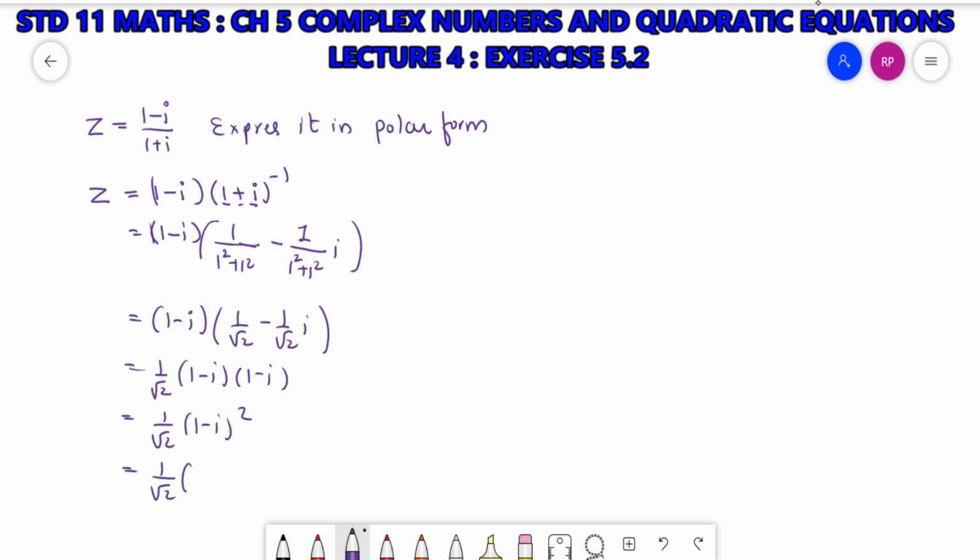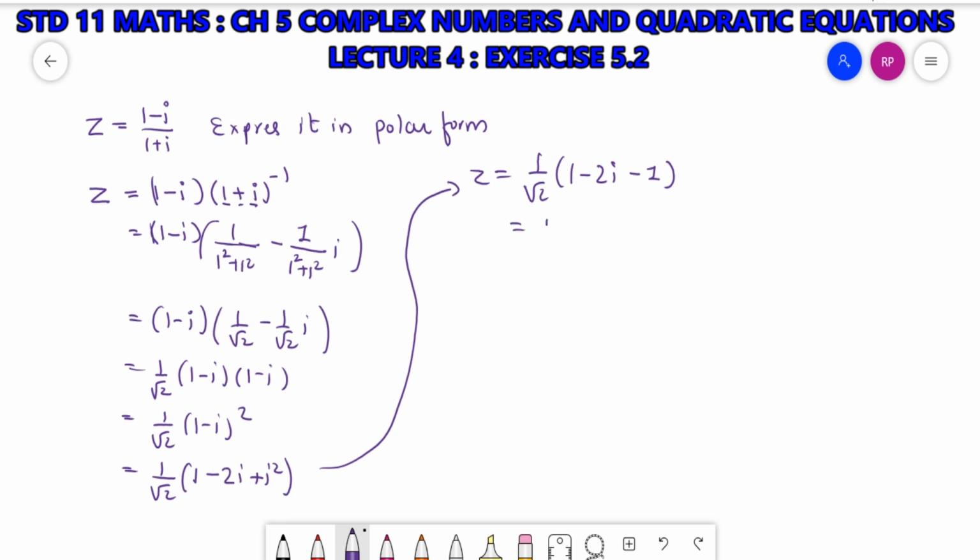Now this will be equal to a square plus 2ab, means minus 2ai plus i square. a square minus 2ab plus b square. So this will be z equal to 1 by 2 into 1 minus 2i. Now what is i square? i square is minus 1. So it will be equal to minus 1.